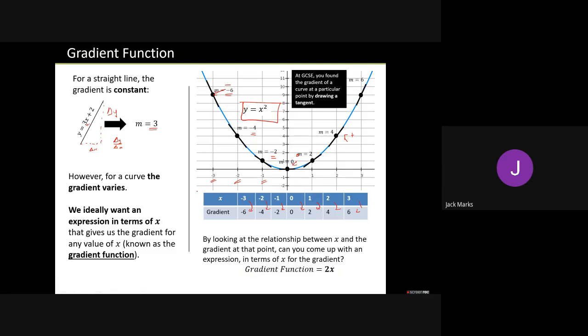At any point, if you take the x value and you multiply it by 2, that's going to give you the gradient. And that is true, by the way, for other points that are not drawn on here. But we don't really know why this is happening yet. But the key idea is that different to a straight line that only had one gradient value, the gradient value here depends on what the x part of the coordinate is.